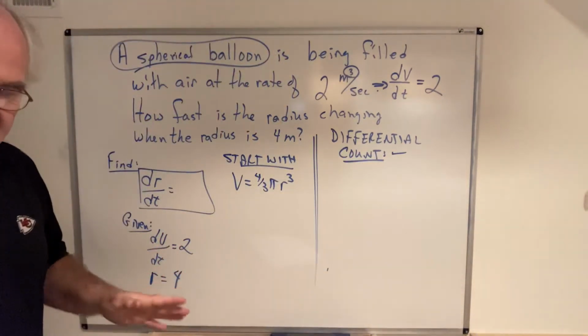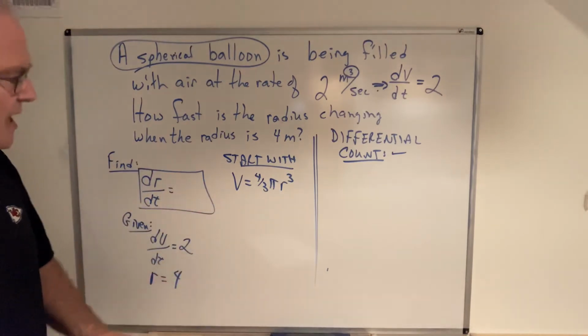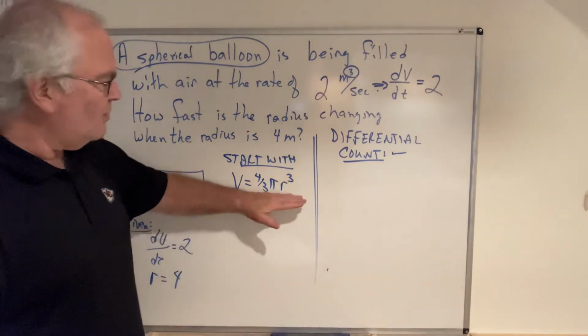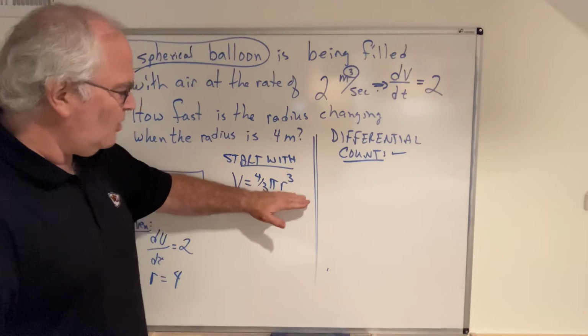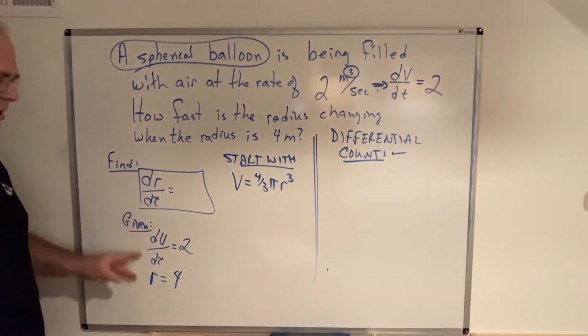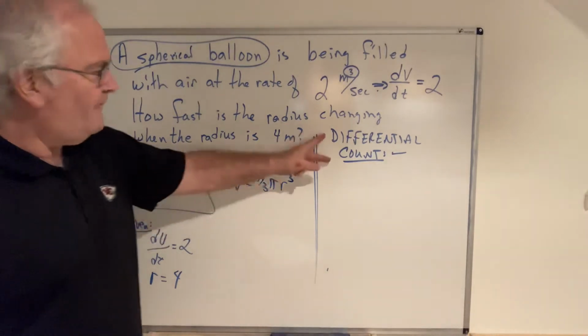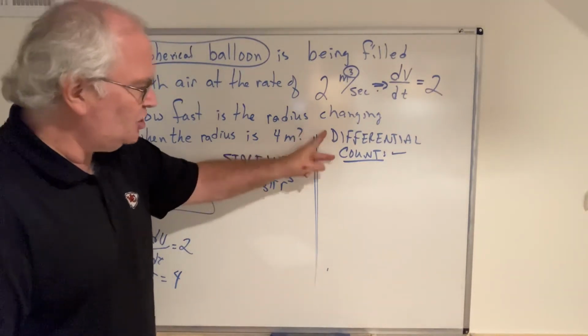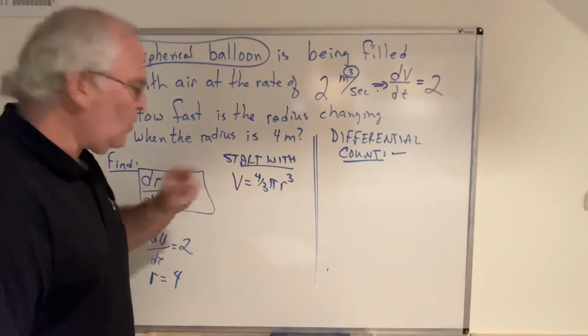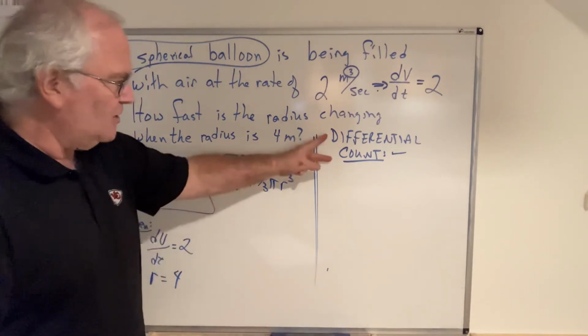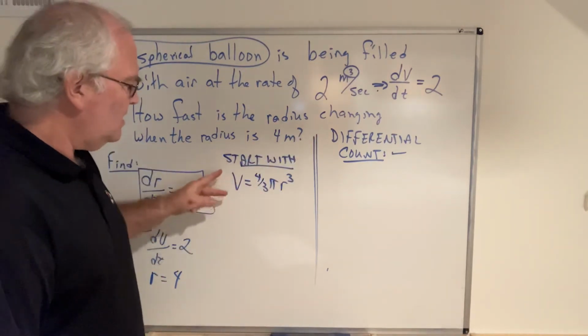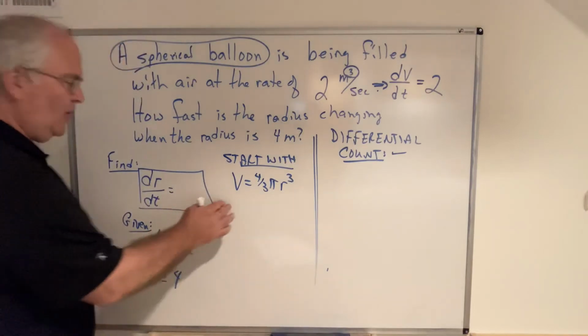In some cases, and we'll consider this in later examples, there might be more variables. You might create more differentials than you want in the problem, and there's a way to get around that. So, first, differential count. You check the differentials before you create them. Differential count is good, right? So now, we create the differentials.